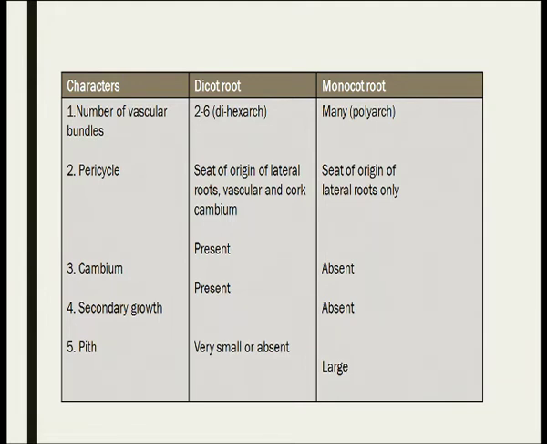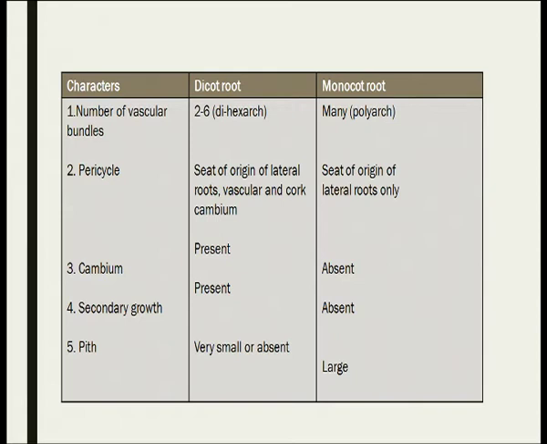Now, pericycle is the seat of origin of lateral roots, and of the vascular and the cork cambium. In monocots, it is the seat of origin of lateral roots only. So, this is how pericycle has 2 functions in dicots, but only a single function in monocots. We will study about it later.